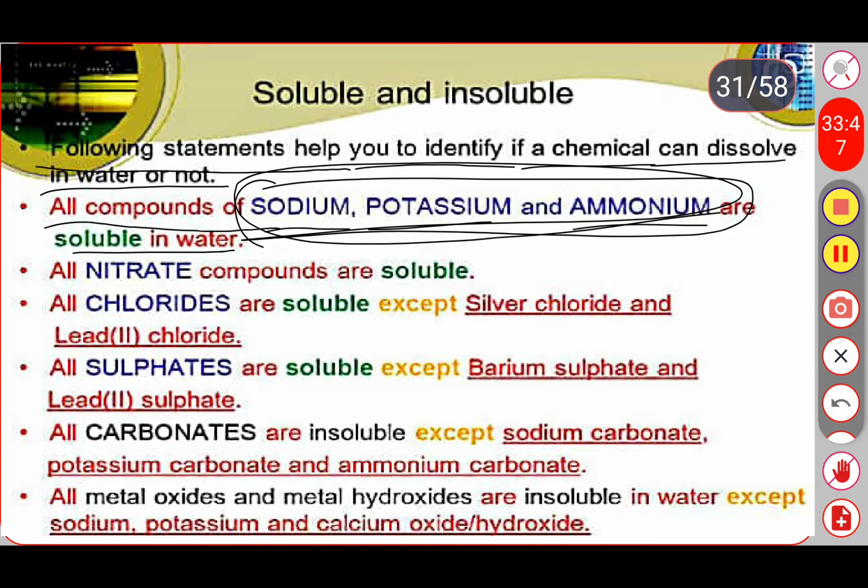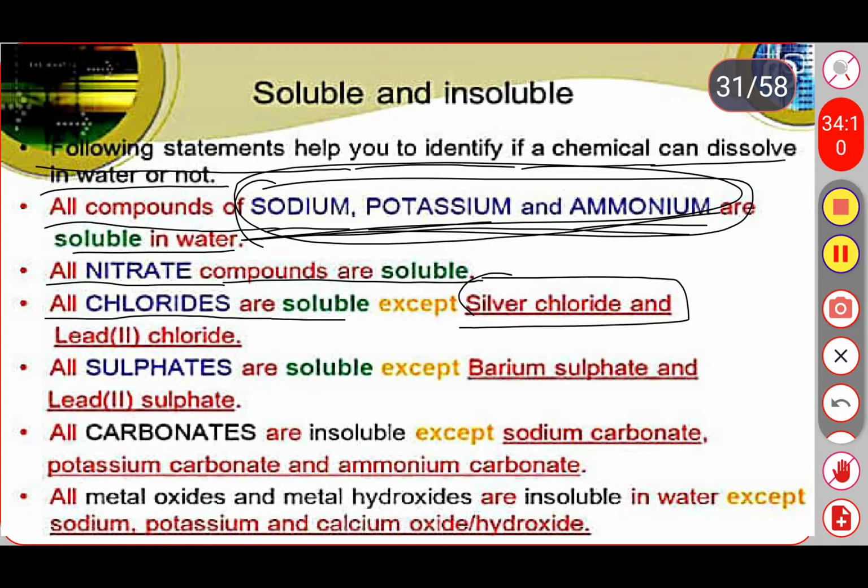All nitrate compounds are soluble. All chlorides are soluble except silver chloride and lead chloride. Most of the chloride compounds are soluble in water except silver chloride and lead chloride.